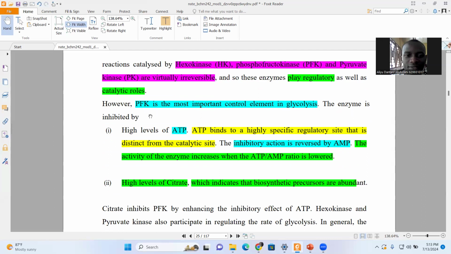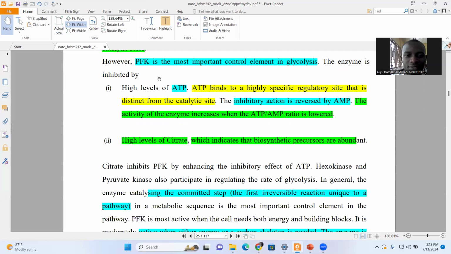The enzyme is inhibited by, now, of course, when you need energy in the cell, the glycolytic pathway comes into play. When you don't need that much energy, there should be a mechanism to regulate the glycolytic pathway. Now, one of those mechanisms is high levels of ATP, which is the product of the glycolytic pathway, binds to a highly specific regulatory site that is distinct from the catalytic site. That's the allosteric site, which we've mentioned in the other study session in the first lecture.